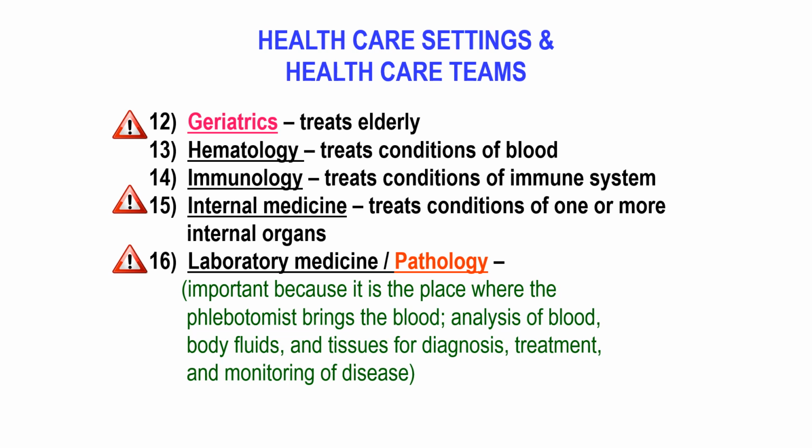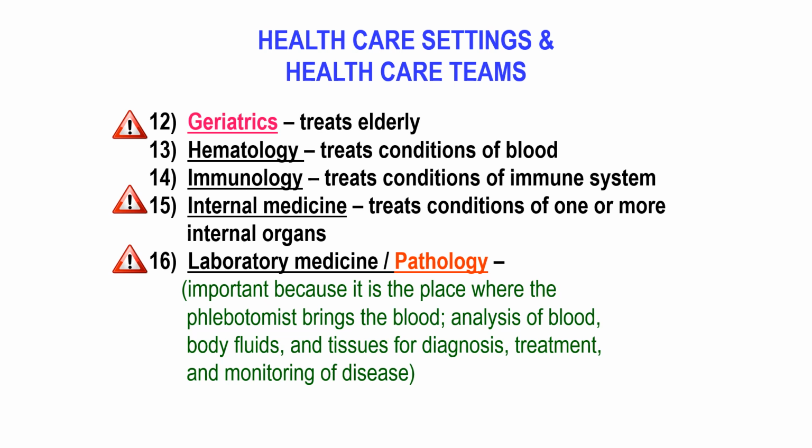But if it comes to a point where you start having multiple diagnoses, let's just say that you're struggling with obesity, you now have diabetes, and you have early stages of heart disease, you may need to switch from using a general practice doctor to using an internal medicine doctor, as they're a little more advanced on working with one or more internal organs, dealing with people with multiple diagnoses.